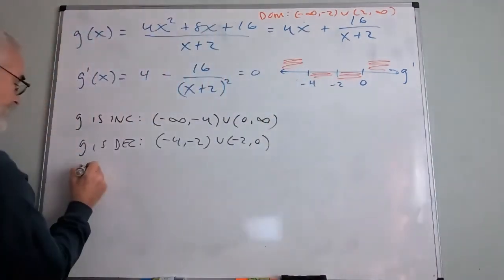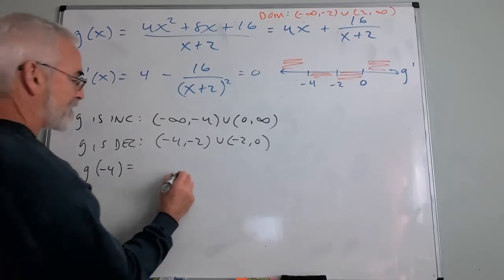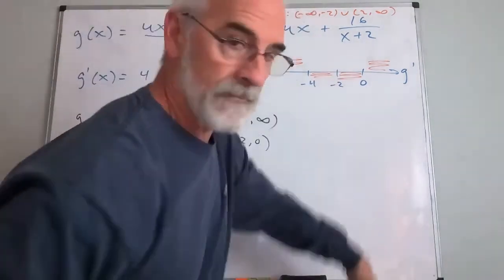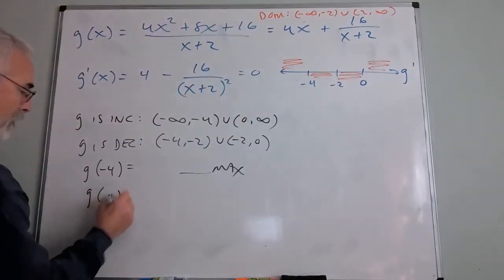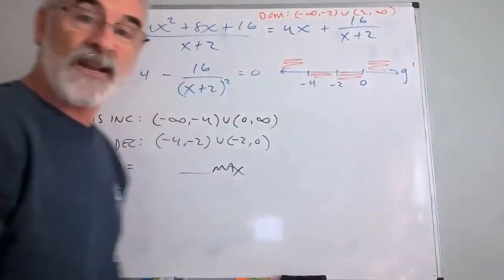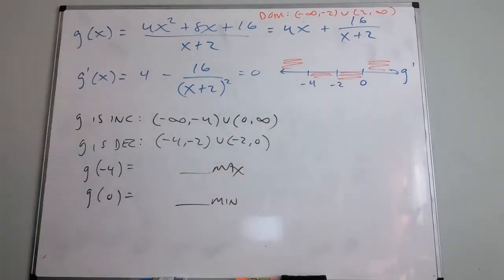I think it's safe to say that g of -4, we'll figure it out in a moment, is definitely a max. Everybody agree with that? Piece of cake. And g of 0, that's got to be a min. We'll figure out what it is in a moment. Just want to get that out of the way. Piece of cake.